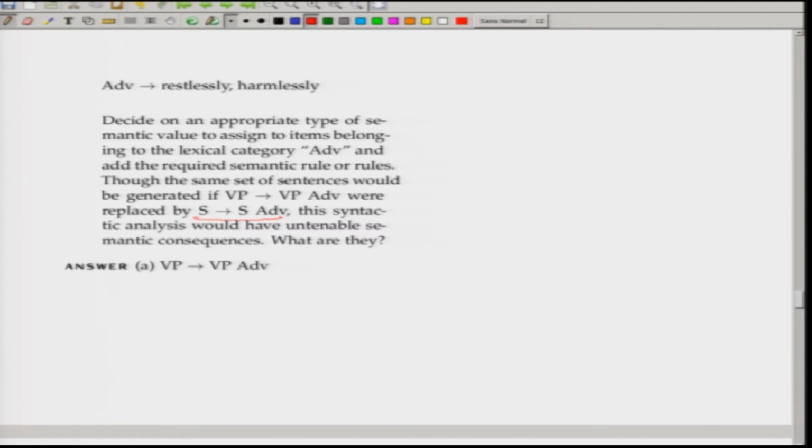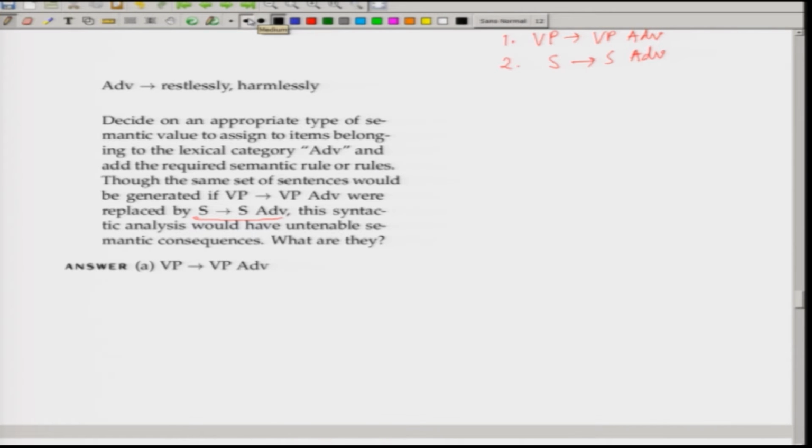We see two syntactic derivations of the same sentence. One option is VP goes to VP ADV. Another option is S goes to S ADV. So the book claims that the second option is a bad option. Why does the book claim that? The book wants us to find reasons.